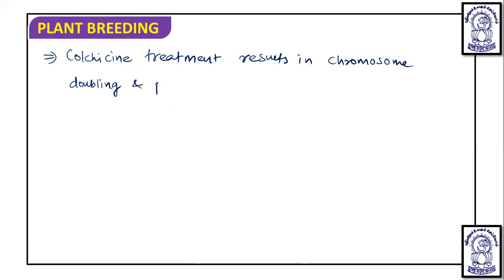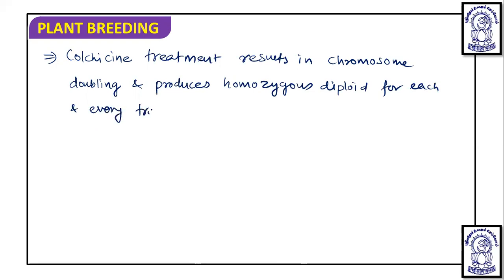So it is known that colchicine treatment of the cells results in chromosome doubling and produces homozygous diploid for each and every trait.